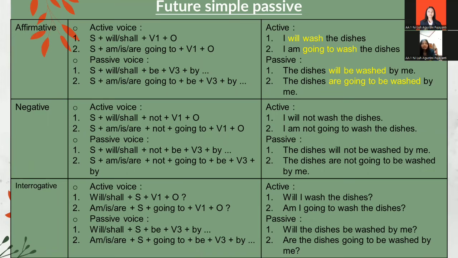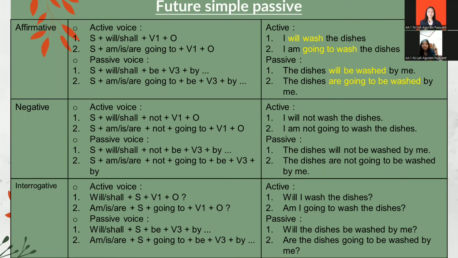And then passive voice, the structures are subject plus will or shall plus be plus verb 3 plus by. And the second structure is subject plus am or is or are, going to plus be verb 3 plus by. So the examples are, the dishes will be washed by me. The dishes are going to be washed by me.